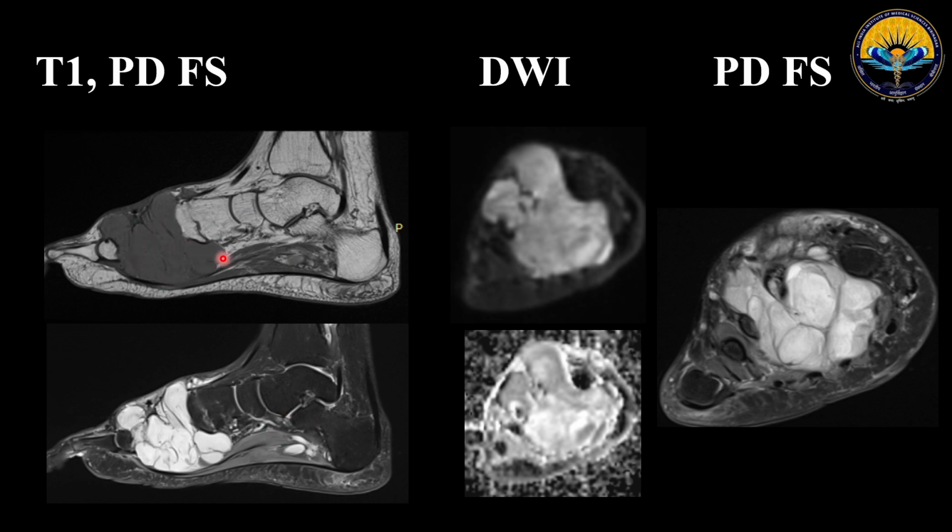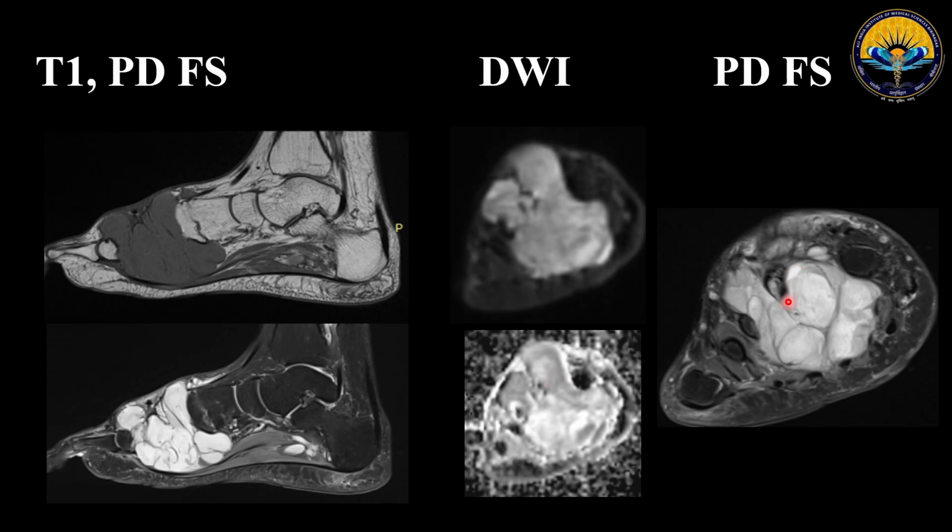In the T1, the lesion is intermediate in signal intensity. In PDFS, it is hyperintense, but we can see multiple flow voids, dilated blood vessels here on the plantar aspect, sole of the foot. And on DWI, the lesion shows deficient restriction with a mean ADC of 0.7 x 10 to the power of -3 mm square per second.